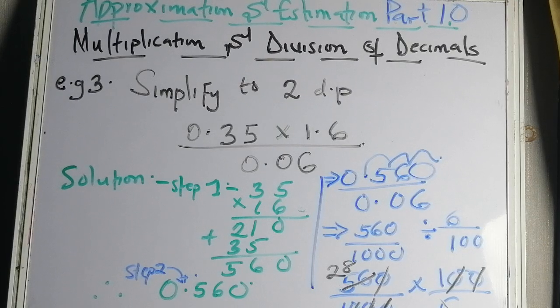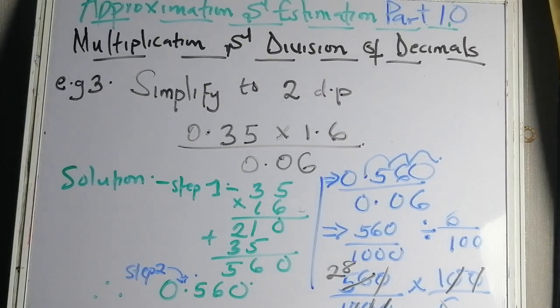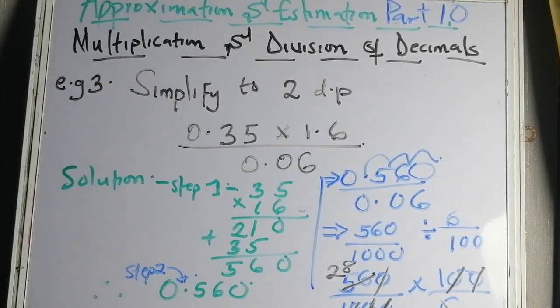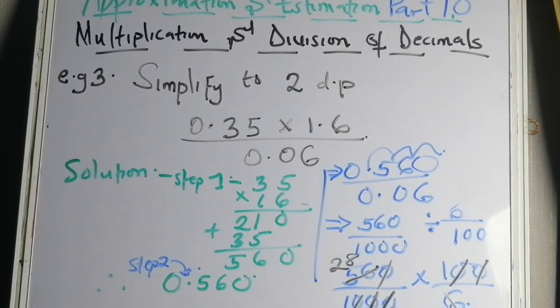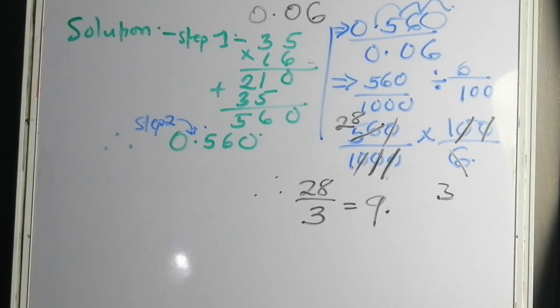So at the end of the day, you will now have 28 over 3. 7 times 3 is 21. 8 times 3, 24. 9 times 3 is 27. It will remain 1. So you have 28 divided by 3 as the final answer after doing your division.